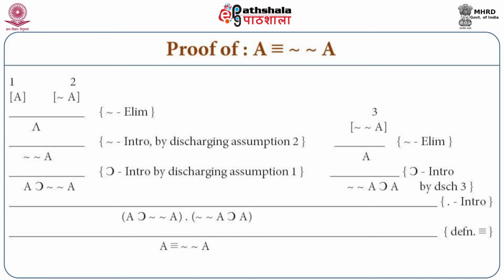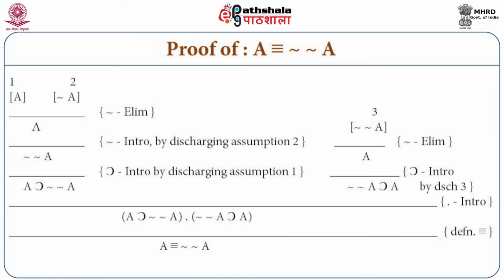A, one assumption, second assumption is not A, and the third assumption not A. Now, given this assumption A and not A, we can, by application of negation elimination, derive absurdity, some kind of contradiction.